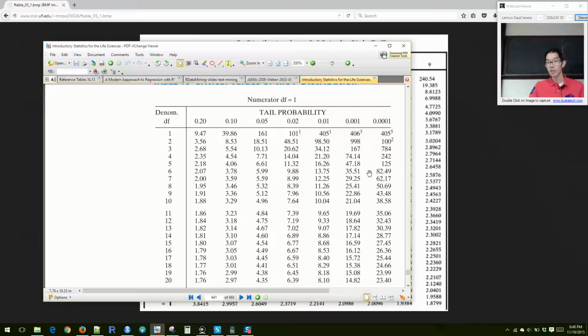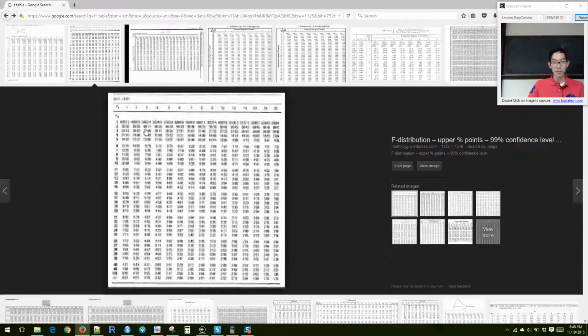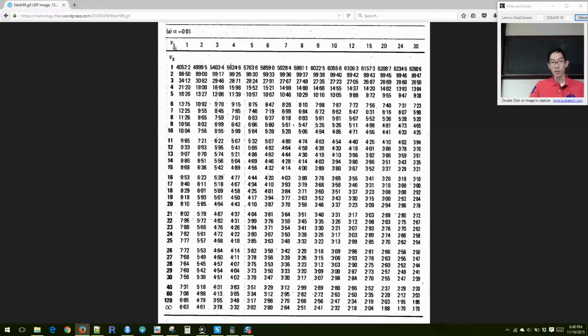So if you ever take another statistics class, you might see F tables written like this, with numerator degrees of freedom on the top, denominator degrees of freedom on this side, and this is with alpha equal to 0.01. The intersection of 2 and 9 is 8.02. So if you want your test to be significant at the 1% level, your F statistic has to be larger than 8.02. Otherwise, it's not significant at this alpha level.